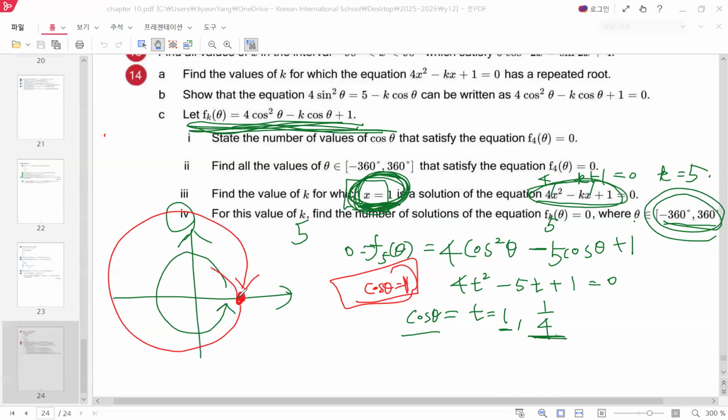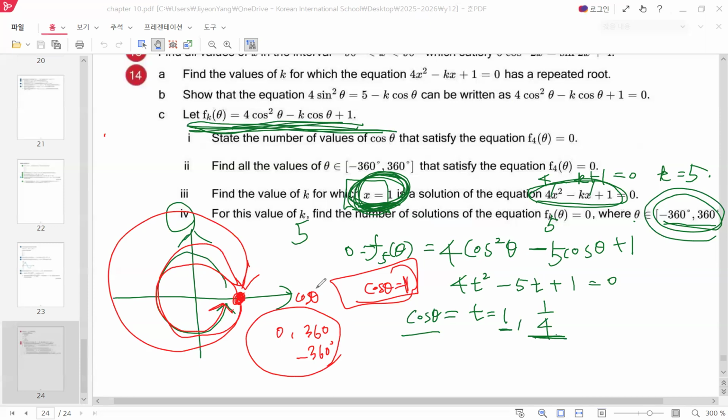And then it can come back to this point, right? 0 and 360, and in the negative direction as well, negative 360. So 3 solutions first.